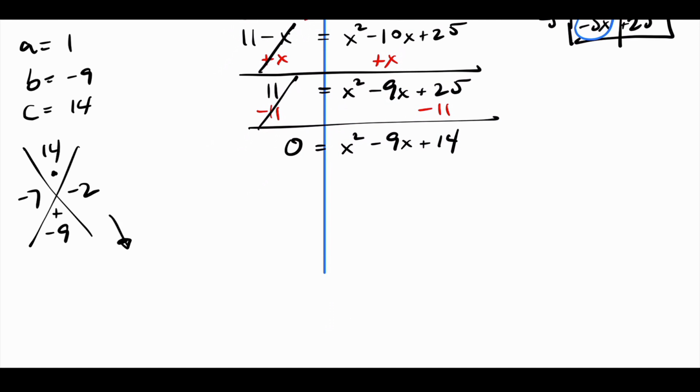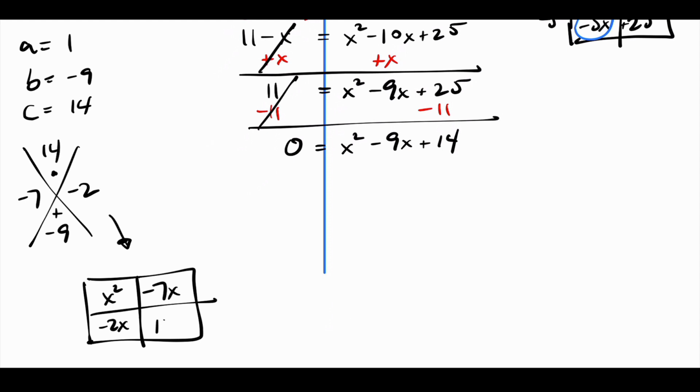Okay, so when I do that, I get, let's see, x squared minus 7x minus 2x plus 14. I get x minus 7 and x minus 2. Okay. So it's all the way factored.